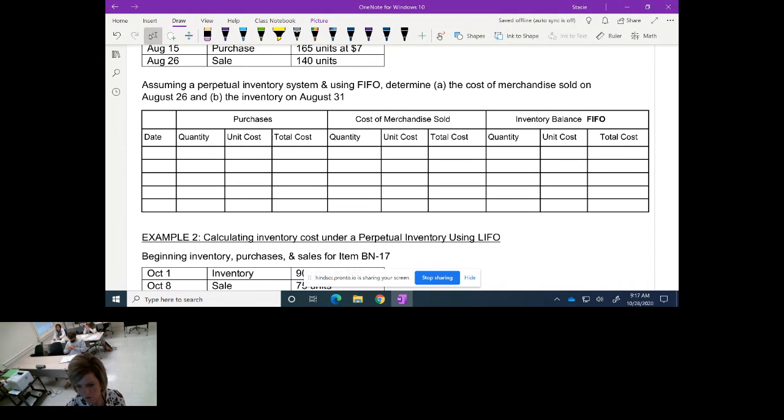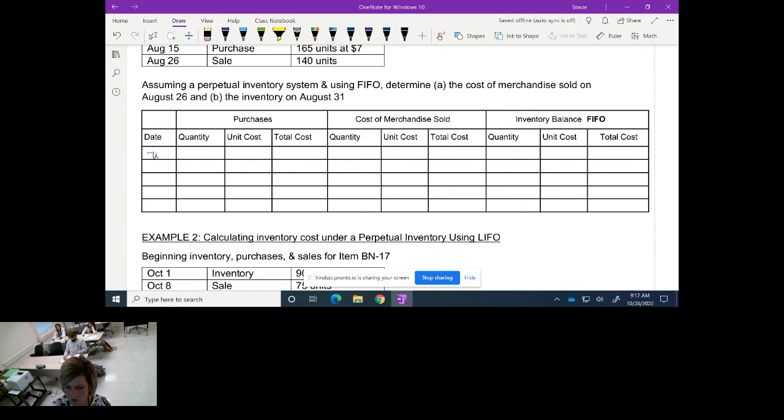So let's start with August 1. We started out with 250 units. That's what's going to go under your quantity. Our unit cost is $6. So how would you get your total cost? Yeah, it's $1,500.